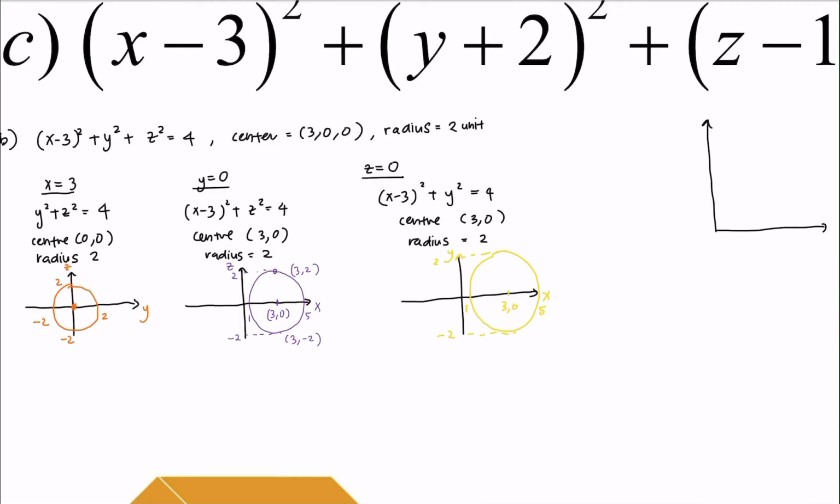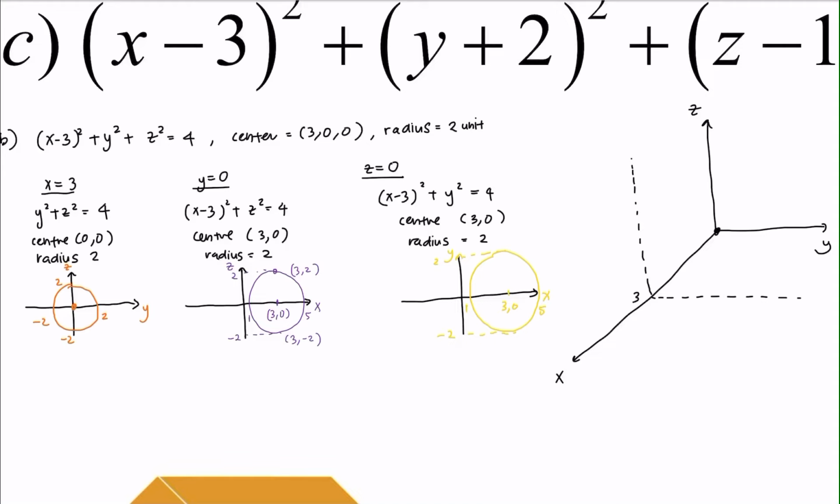So we'll have a graph. Let's say we have x, y, and z here. Now x equal to 3 means that you have the plane x equal to 3. Let's say you have x equal to 3 here, because this one is (0, 0, 0), right? So it's not at the front wall, because it's shifted 3 units in front, which is this one here.